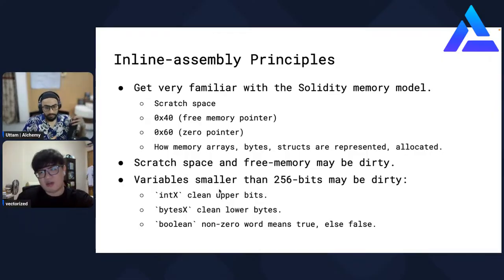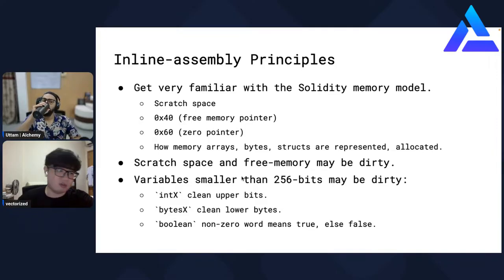And you also need to be wary that for variables, for example, you pass in a uint160 or address into inline assembly, you need to be wary of the upper bits. They might be dirty. And if you assume that the upper bits are clean, sometimes weird stuff will happen, which can cause bugs.